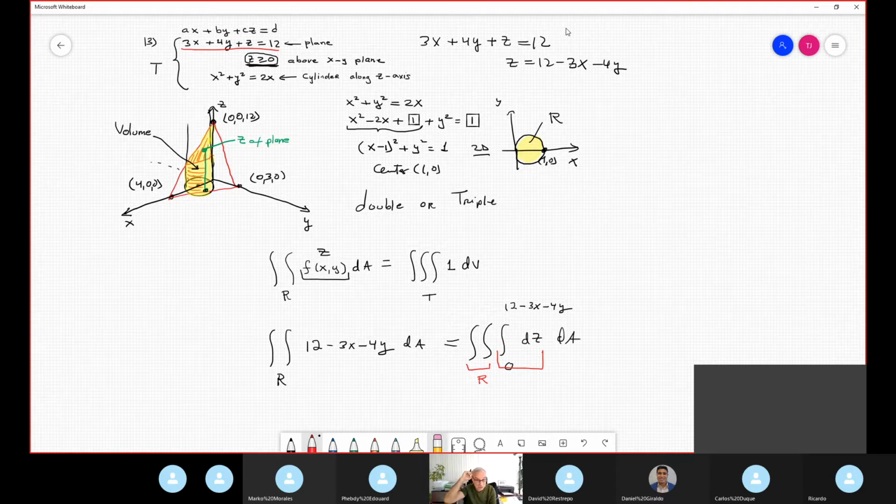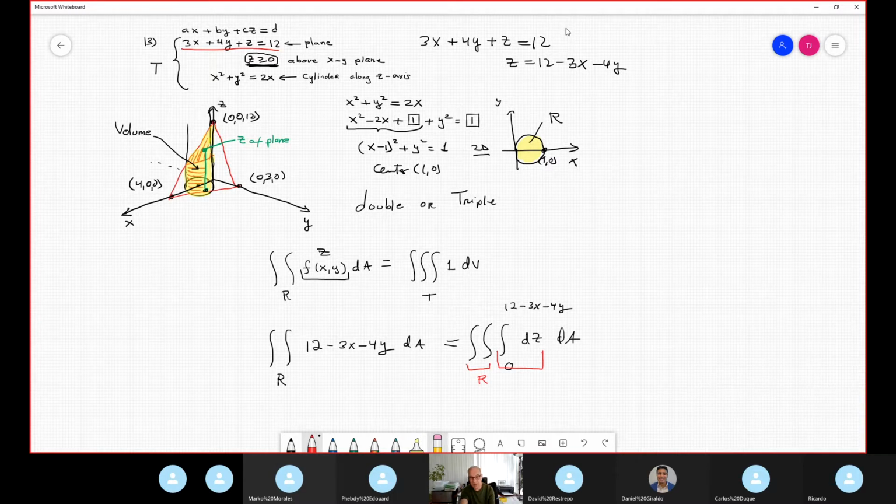My next question is, in order to solve the double integral, whether we do it using a double integral or a triple integral, in the triple integral we finish in a double integral. What kind of coordinates are we using? Polar or Cartesian xy?